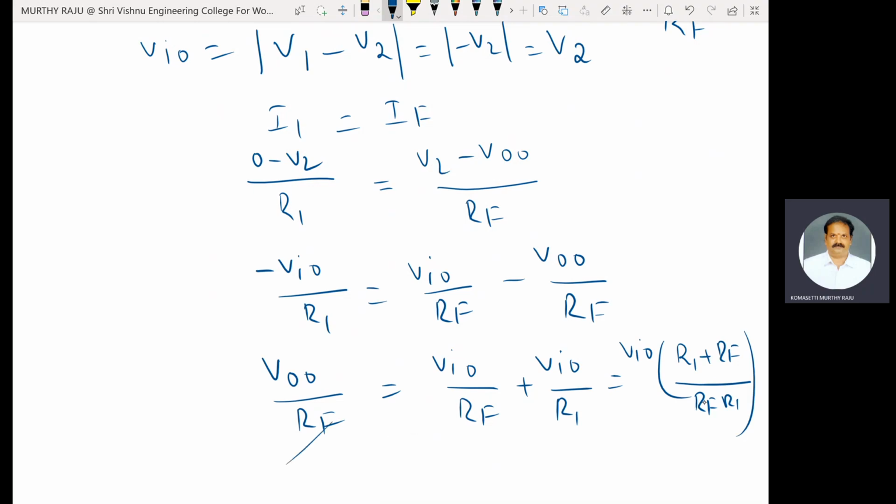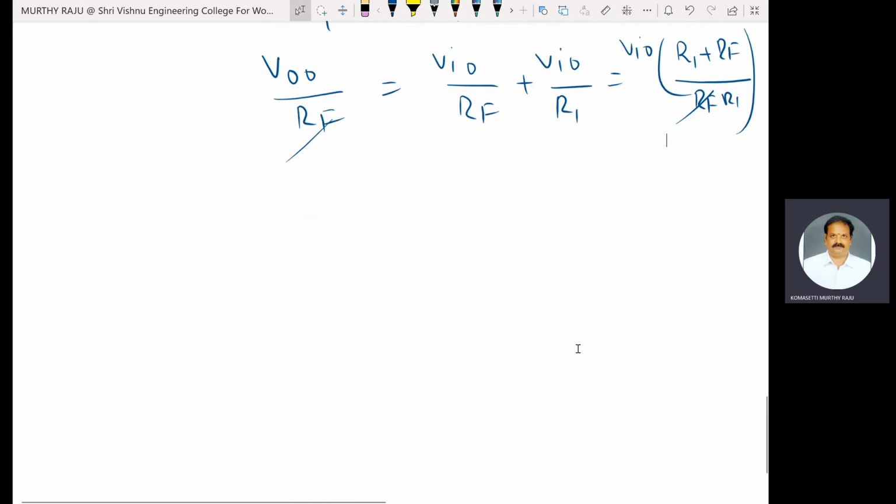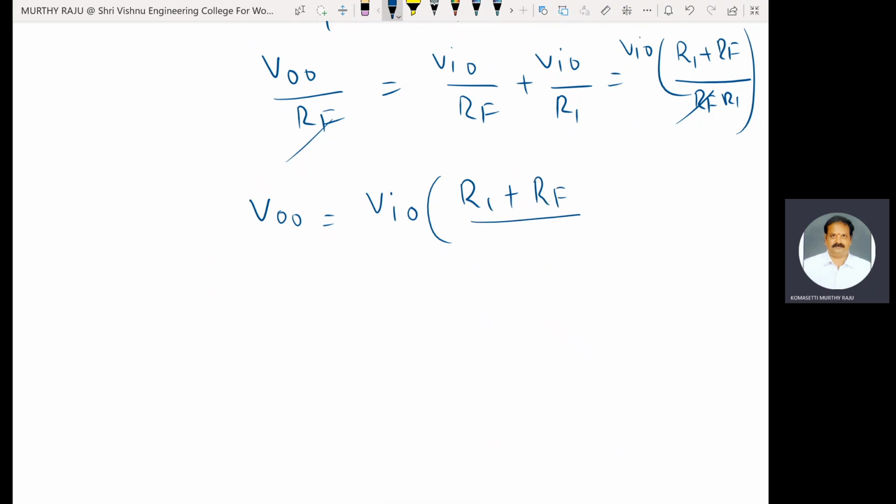Here RF is cancelled. Therefore, the output offset voltage V00 due to input offset voltage VIO is VIO into (R1 plus RF) by R1, that is VIO into (1 plus RF by R1).